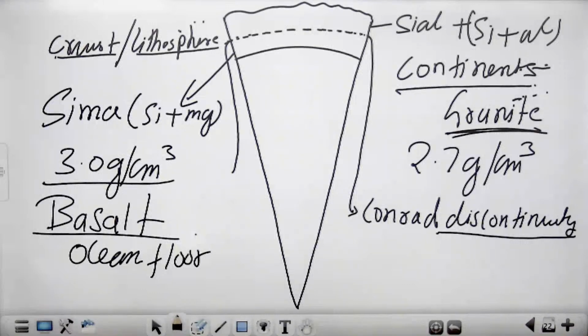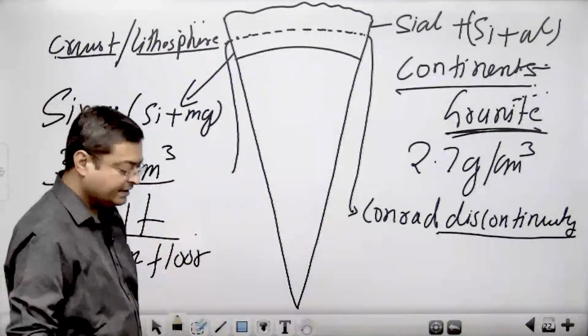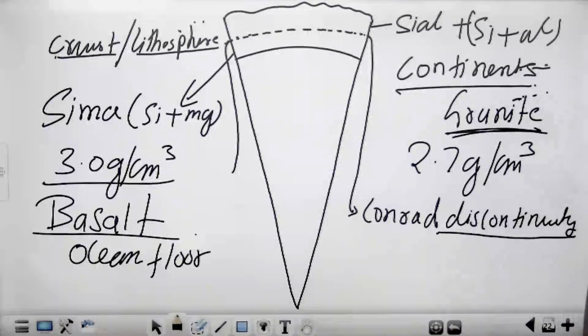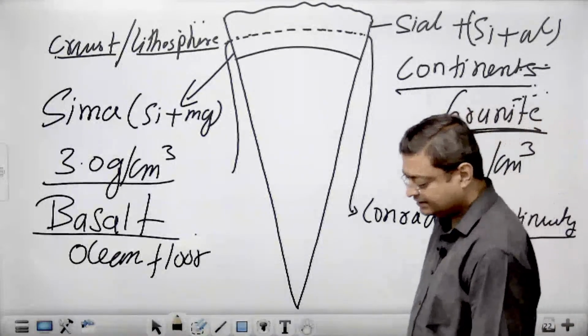Finish writing down. The thickness of the crust, so write it somewhere in the line, thickness of the crust varies.